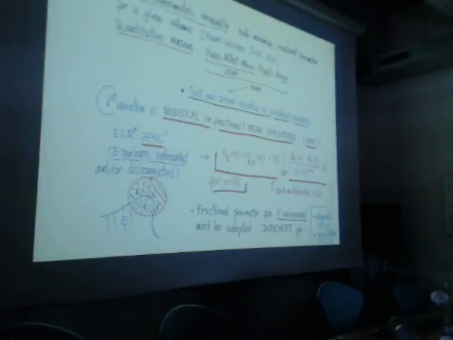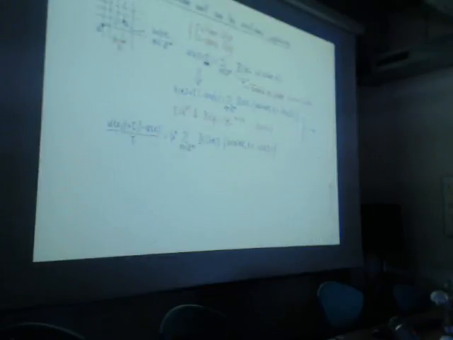So let me just remind you very fast, because I don't have so much time, what the fractional Laplacian is, where it comes from, but very fast. Well, the fractional Laplacian is the infinitesimal generator of Levy processes. These are like random processes like Brownian motion, but where the particle can jump, okay?